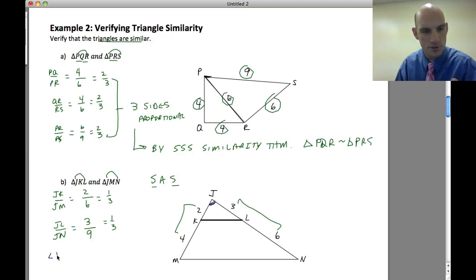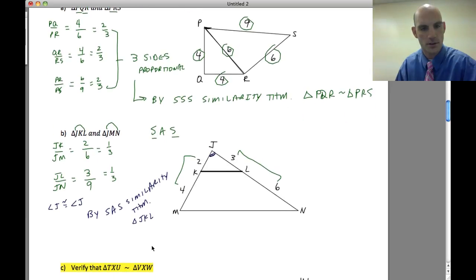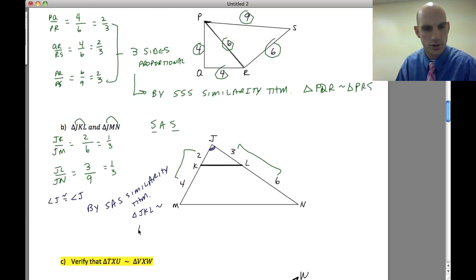So because angle J is congruent to angle J by the reflexive property, I have side, angle, side similarity. And I can write that triangle JKL is similar to triangle JMN.